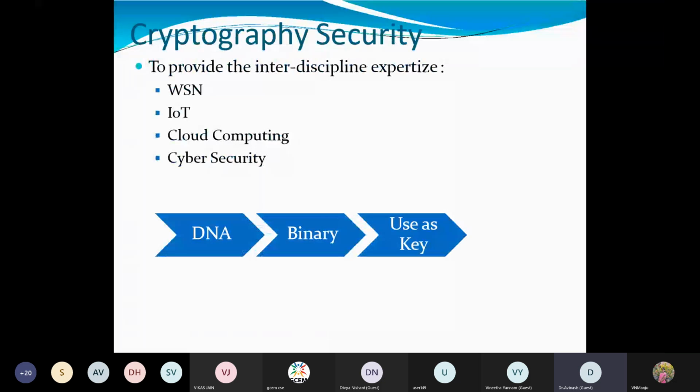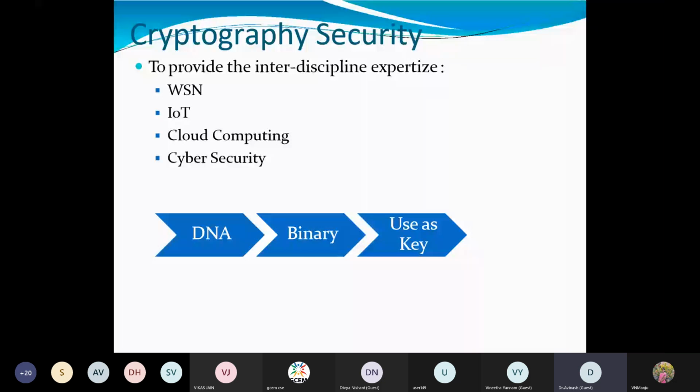The cryptography security technique is basically there to provide interdisciplinary expertise in wireless sensor networks, the internet of things, cloud computing, and cyber security. Here you see that we have different techniques which are operating at different layers.